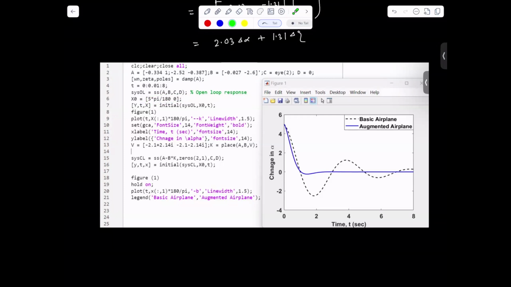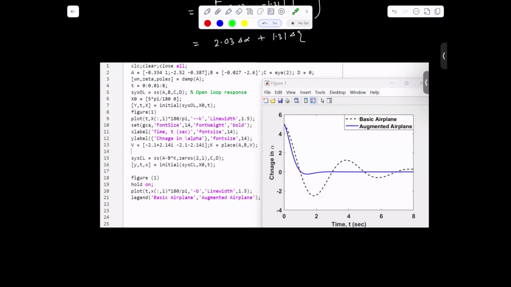And here you can find the solution of X, Y, and T. This is the solution of the different states. And this is the figure. And in the figure, if you notice carefully, in the augmented system where we have designed the controller, the response has less overshoot and undershoot, and it goes straight to the 0 equilibrium point.